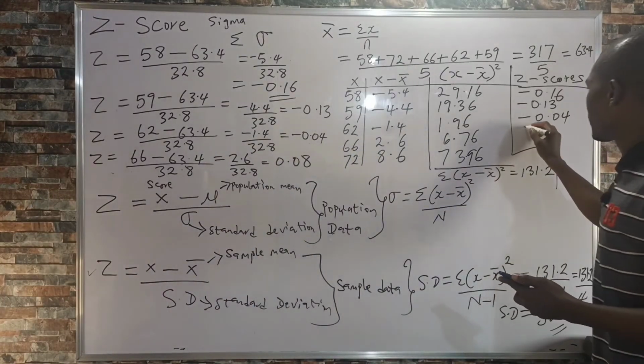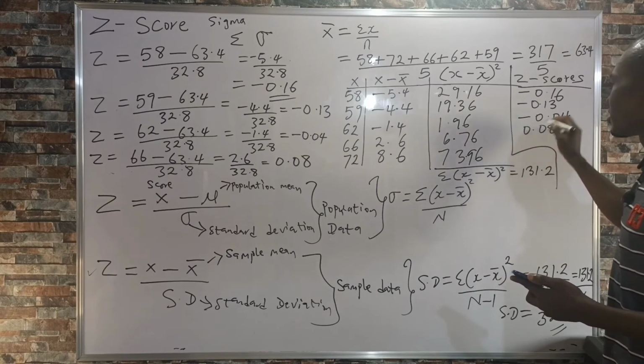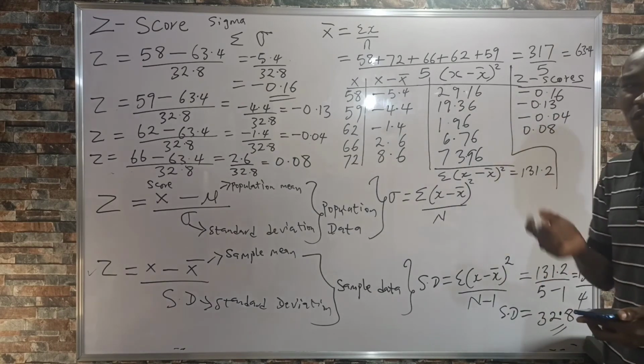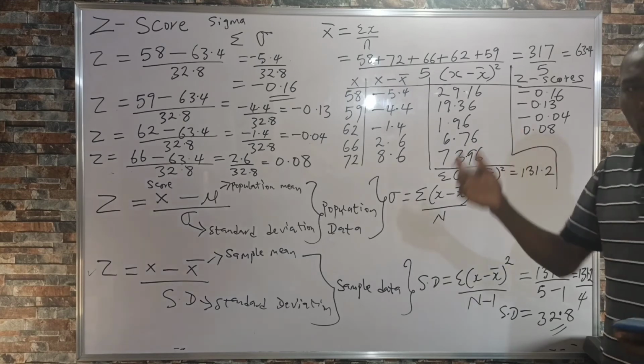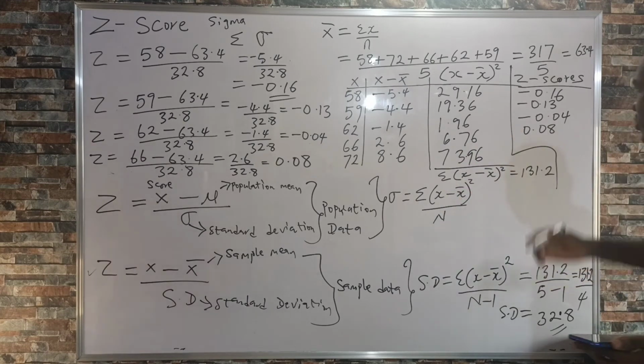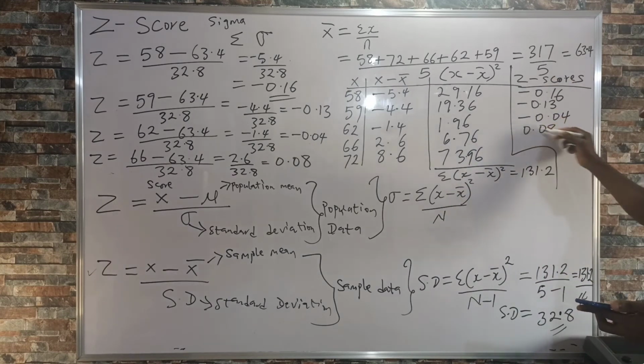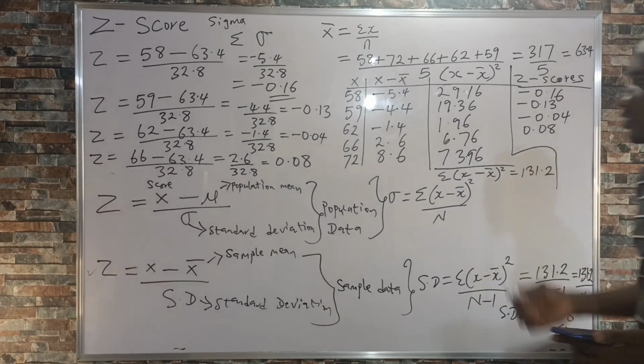So here we have a positive value of 0.08. Remember I said prior that your z-score could either be a negative or positive value. Take note of that. So here we have some negative values, and we have some positive values as well.